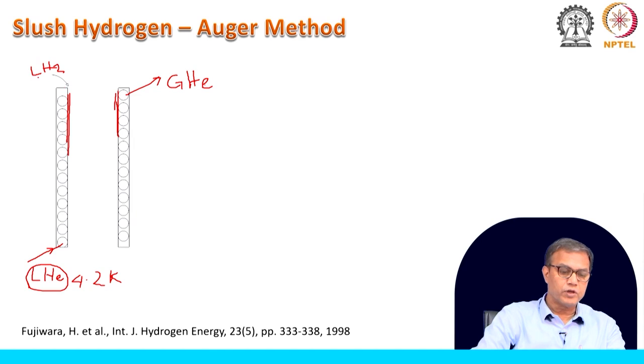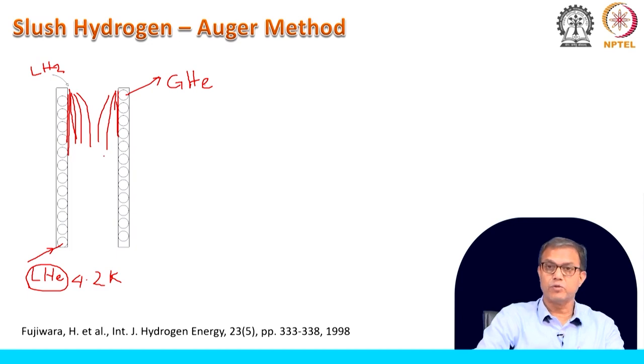If we keep on pouring liquid hydrogen from the top, the layer of solid hydrogen will keep on increasing, and at some point we will find that this passage is getting blocked. So we have to remove this solid hydrogen from time to time.